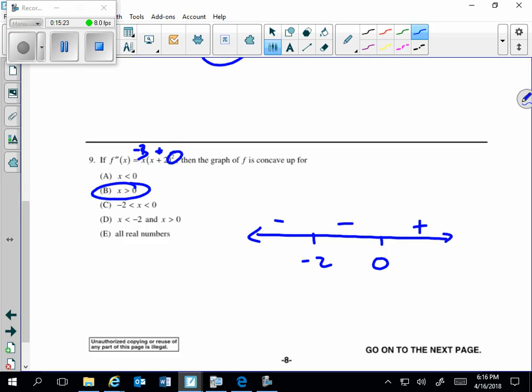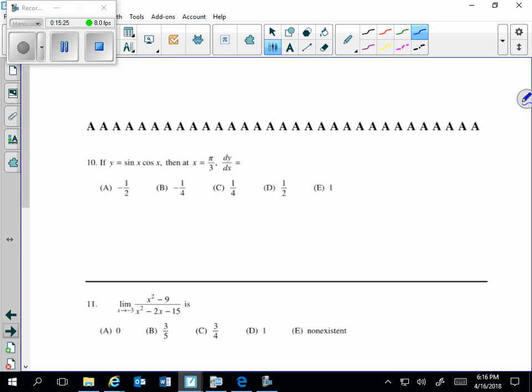All right. Number 10, y is equal to that mess. Find dy dx at pi over 3. So dy dx, y prime. It is product rule. Derivative of the first, sine, is cosine, times cosine.